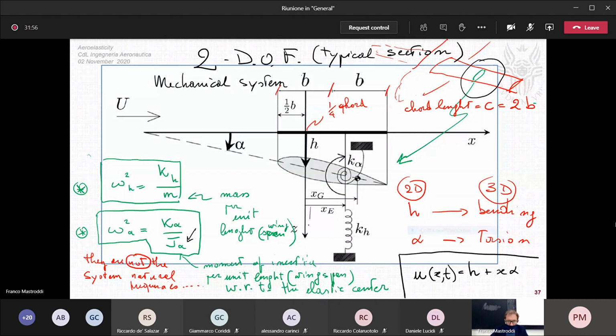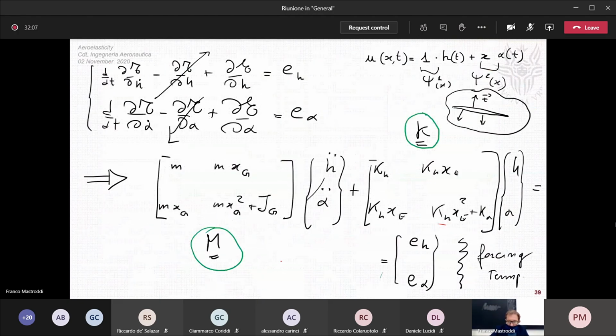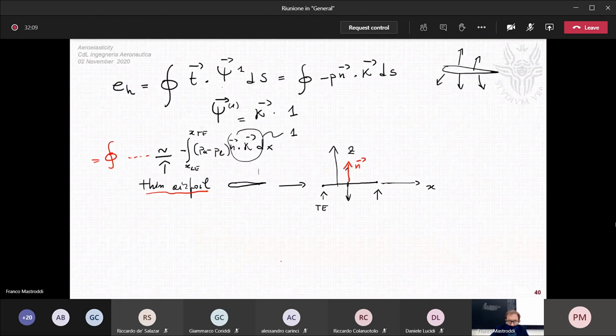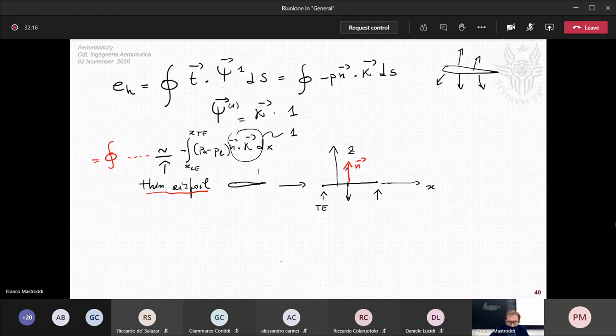So h, look here, is down, and therefore zeta direction is downward, and therefore, I'm sorry for this, we have here that this product is not equal to 1, but it's equal to -1.